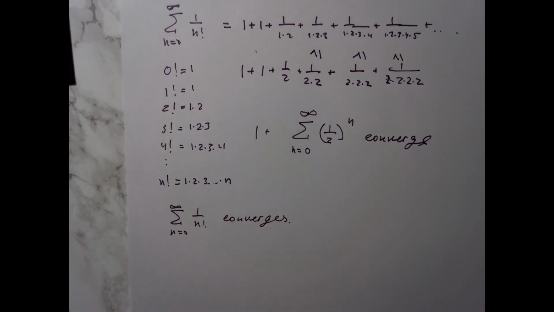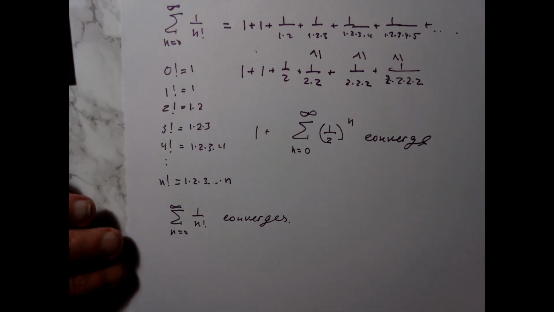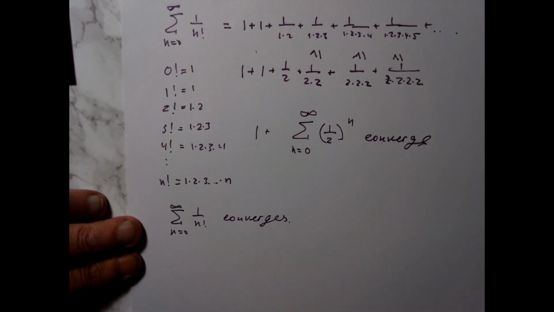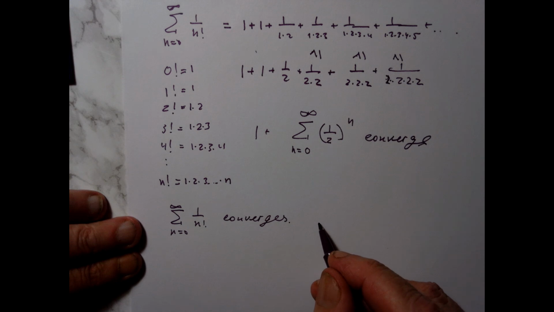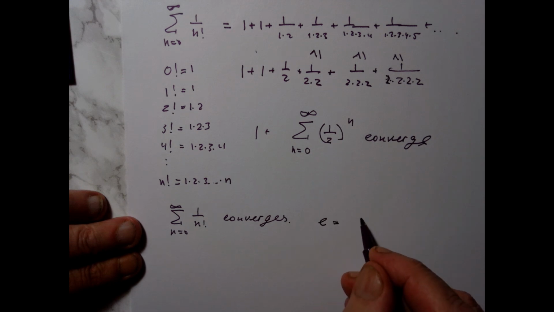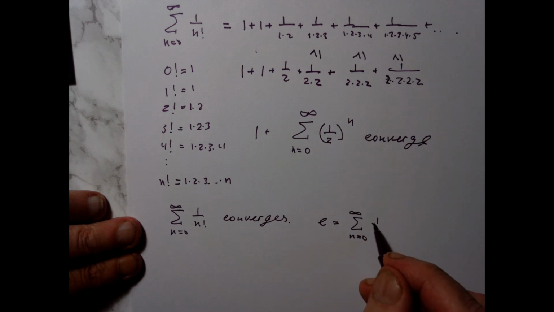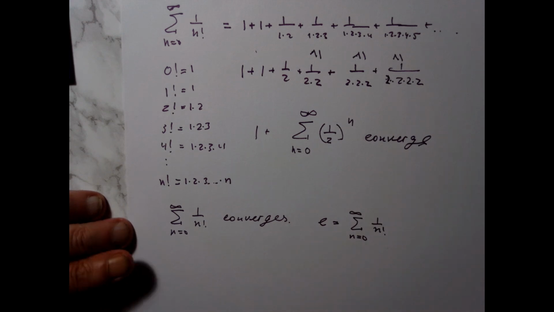Now I'm going to tell you a little secret: what you know about the number e is not how the number e was discovered. Once I know that this series converges, and this series is so important in life that we give it a name, the name for this series is e, the sum of 1 over n factorial.